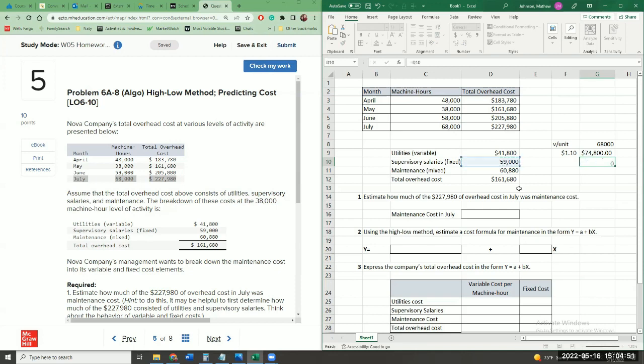So it's just going to be the same. So we have a total of variable and fixed of 133,800, and the total for July was 227,980. So we just need to subtract this 133,800 from the 227,980 to get only the maintenance cost.